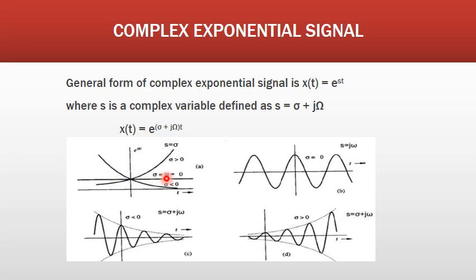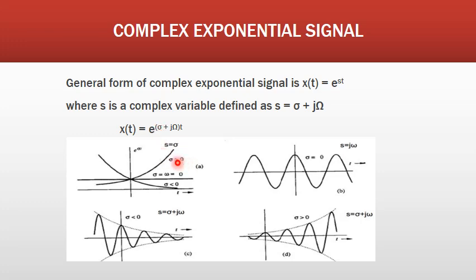Then case 2. So, in case 2, sigma exists, sigma is not equal to 0, but omega is equal to 0. So, this equation becomes x of t is equal to e power sigma t. It's like a real exponential signal. We know that in real exponential signal, depending on the value of sigma, we will get two different signals.